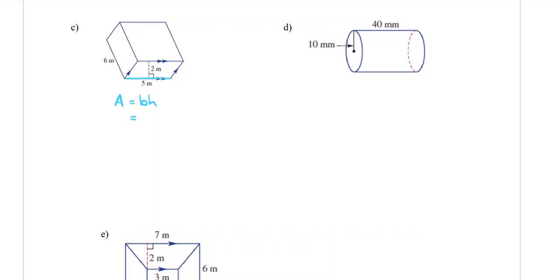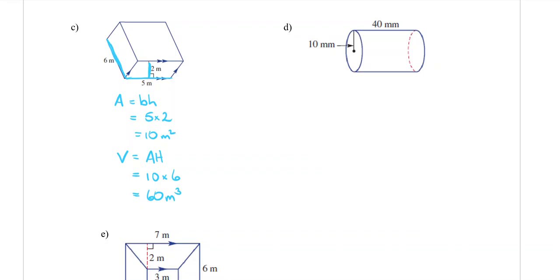So the base and the height will be the 5 times the 2, which is 10 meters squared. Then I use that to find the volume, V equals AH. The area is 10, and the height, which is the one going away from the parallelogram, is the 6. So 10 times 6 is 60 meters cubed.